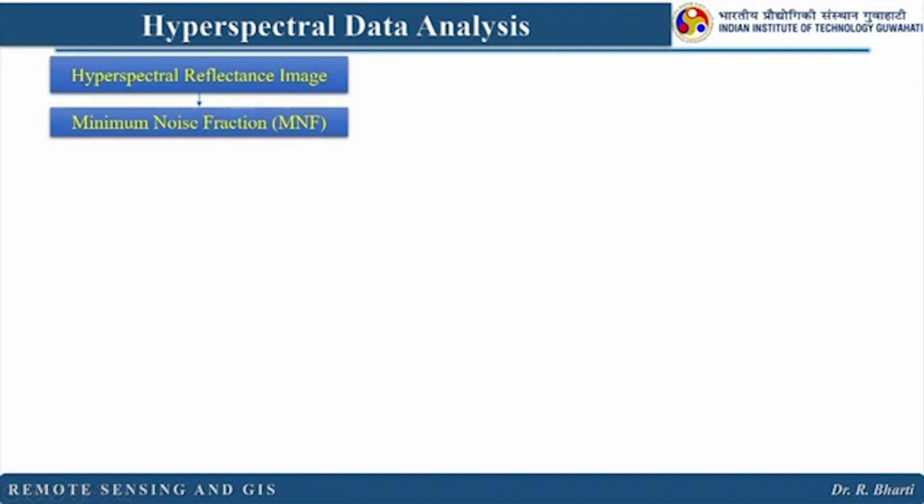So the next one is minimum noise fraction. That means the second step in this processing is to minimize the data or to derive the unique information. Why are we doing this? Because we have contiguous hyperspectral data, that means there will be much information which is coming repetitively.